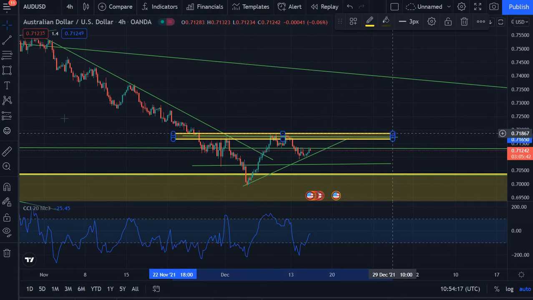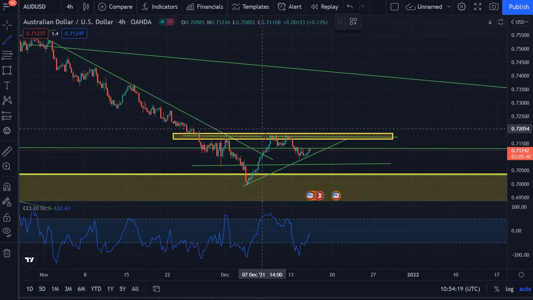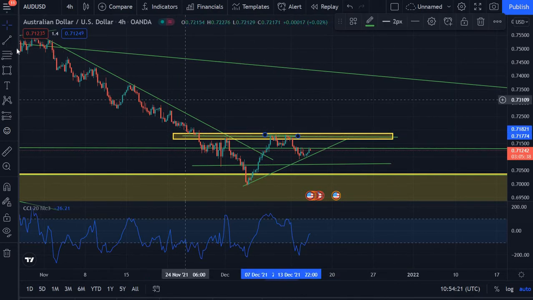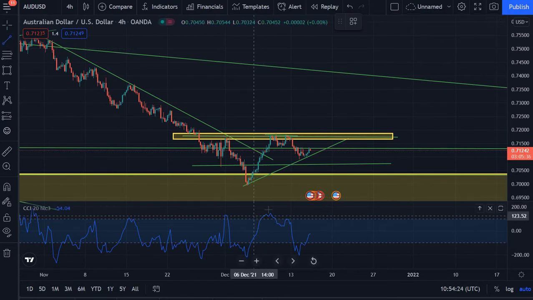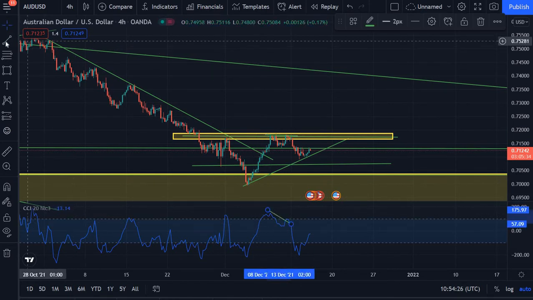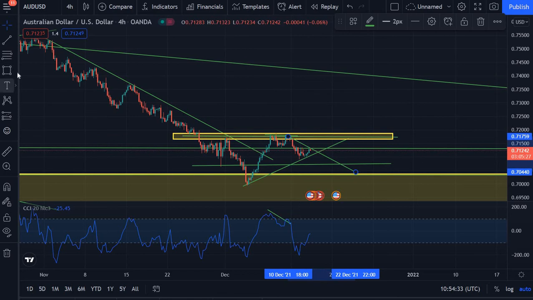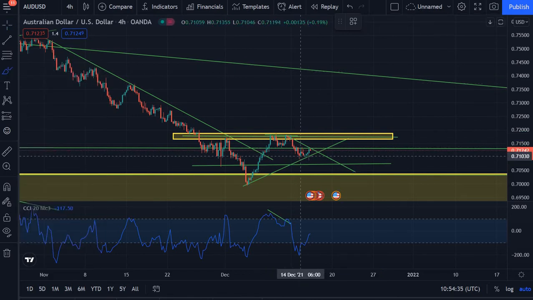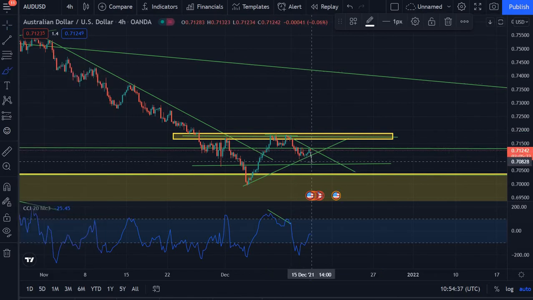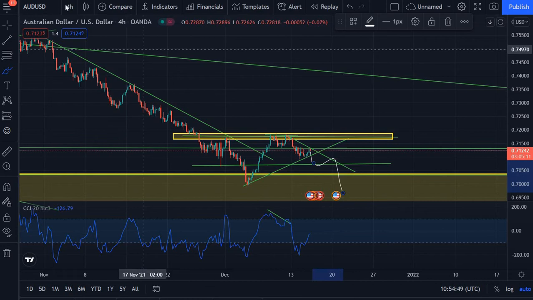But here we had this double top and this divergence on the forward chart. So if you break this trend line to the upside, then we will head along this trend line and see something like this on the forward chart.